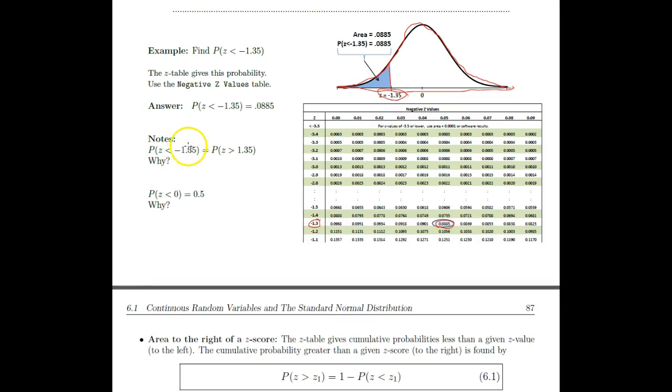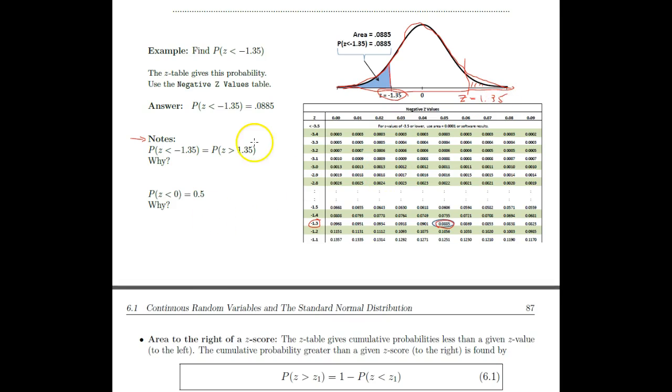Okay, and you'll notice this first note right here says, notice that the probability of z being less than negative 1.35, what we just found, is the same as what we found in the previous example, the probability of z being greater than positive 1.35, this area right here.